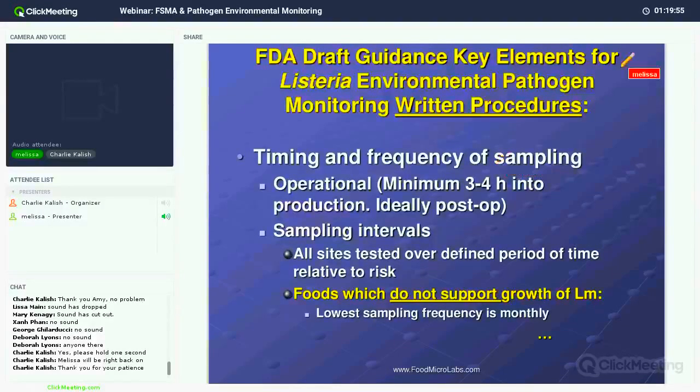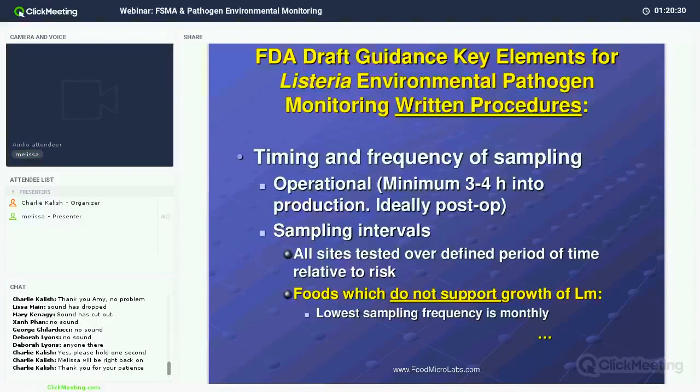All right, great. So timing and frequency of sampling in the draft guidance, what Food and Drug said was that samples inclusive of food contact surfaces, when those are sampled, should be sampled operationally, minimum 3 to 4 hours into production, or they said ideally post-operational, which all of us probably have alarm bells going off in our heads thinking about, okay, how do we control product that we manufactured all day or over a 3 to 4 hour period?